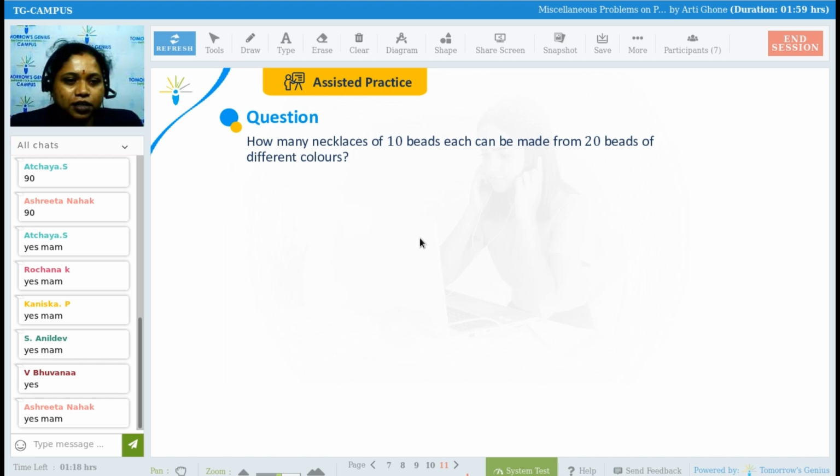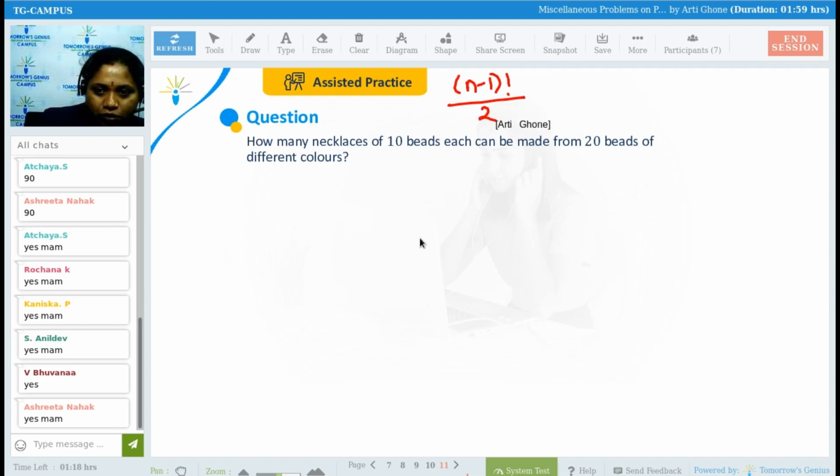Obviously, no one wears a linear necklace, so it's an imaginary circular arrangement. Next, the sequence matters, meaning a direction is not specified, so we need n minus 1 factorial by 2. Clear?